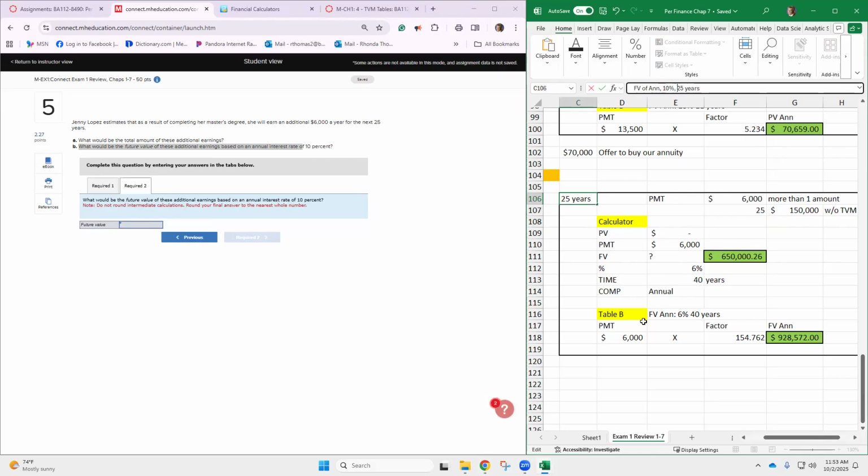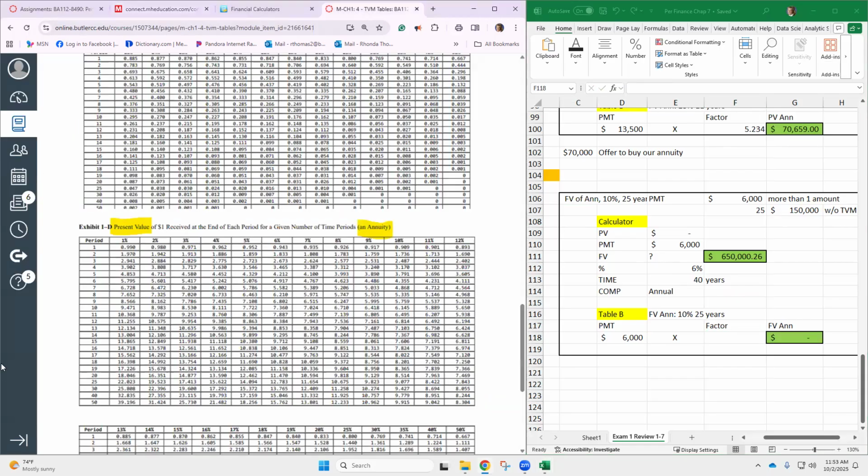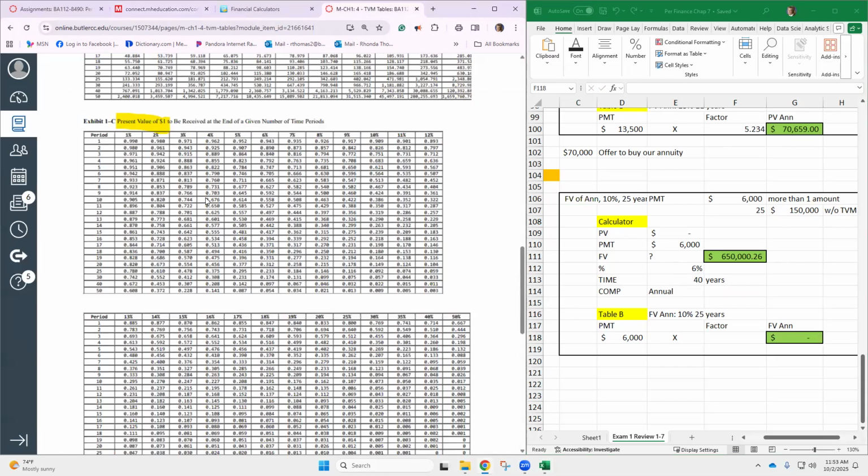So we're looking at table B, the future value of an annuity. 10%, 25 years. And I've got to go find my factor. So my factor table is going to be table B, future value of an annuity. 10% in 25 years. Yep.